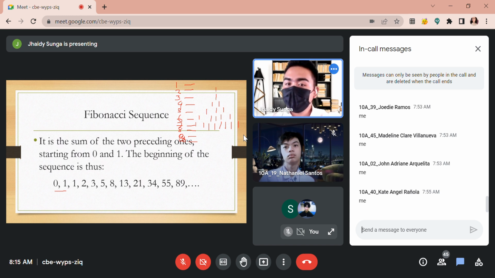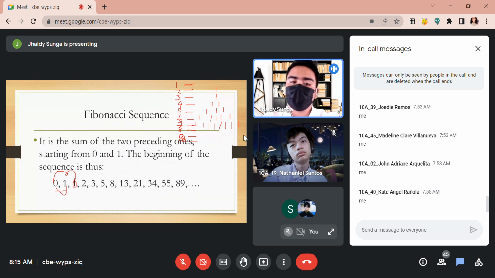Again, we can simply know the next term by adding the present term to its previous term. It is not a difference, it is not subtracted. It is added. So how are we going to have that? 0 plus 1, the answer is 1. That's why we have 1.